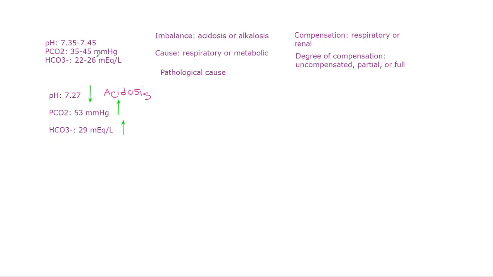Now, what does that mean? In being high, it means that we are retaining CO2. We're not breathing, so we're hypoventilating. And as you should know by now, through going through the acid-base information, if you retain CO2, it's going to combine with water in the presence of carbonic anhydrase and turn into an acid, turn into carbonic acid.